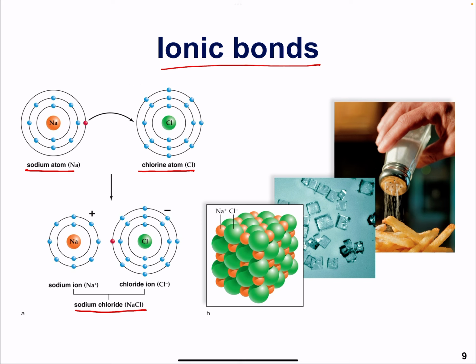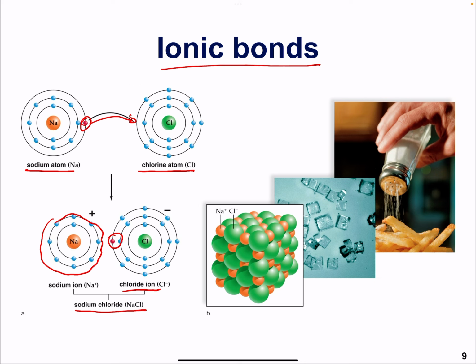To make things simple here, for the sodium to become stable, it's simply going to give away its single electron in the outermost electron shell, while the chlorine atom is going to receive an electron.